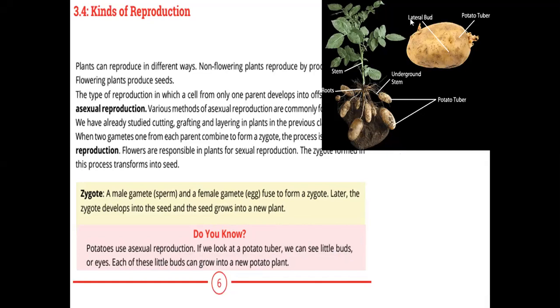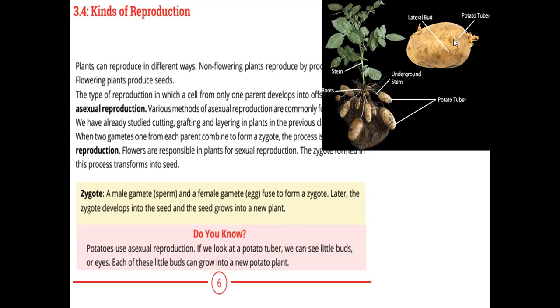So what happened? Lateral bud. These are actually the small holes or small scars or very small part that is darker in color from here. These are called lateral buds, or these are also called eyes of the potato.